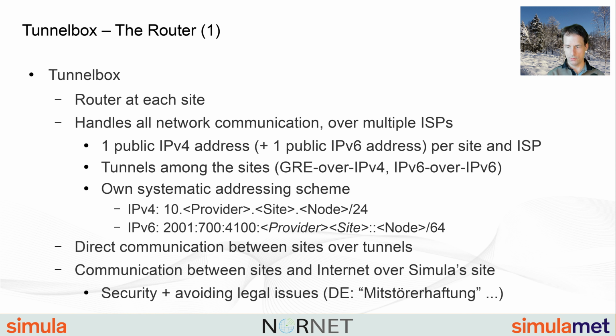So the idea is if there is external communication necessary with the internet, for example for downloading installation packages, in fact all the communication is tunneled to the Simula side, going into the internet with a Simula IP address in Norway. And of course, since the Norwegian regulations apply, this is much more relaxed than, for example, in Germany.